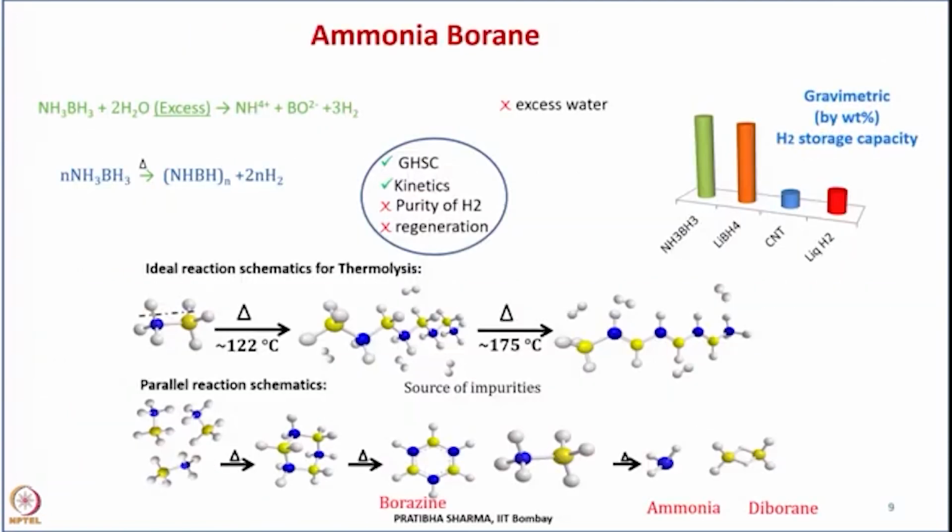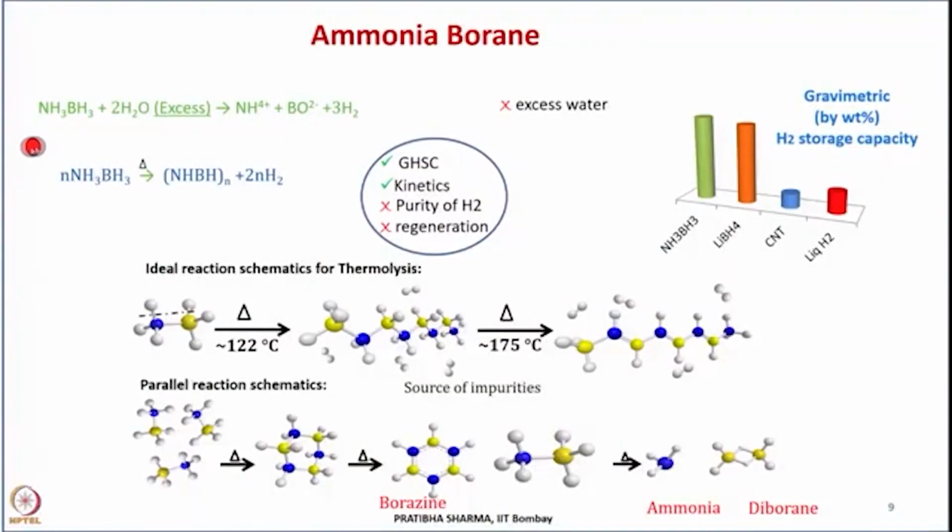Now, another class of compounds are known as chemical hydrides, one example being ammonia borane. Ammonia borane, like complex hydrides, can also react with water producing hydrogen. Here again, on reacting with water, it will give borates which are more stable and difficult to regenerate back, and will require an excess amount of water.